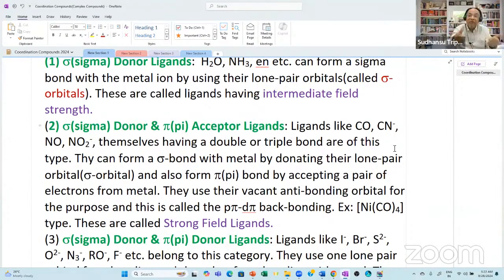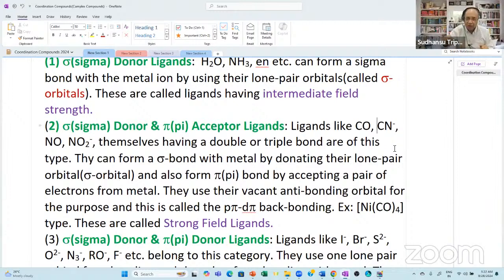But at the same time, these ligands will form a pi bond with the metal ion. The metal ion will use the filled d orbital to overlap in a sidewise manner with some of the vacant anti-bonding orbitals of these ligands, and that is called p pi d pi back bonding.